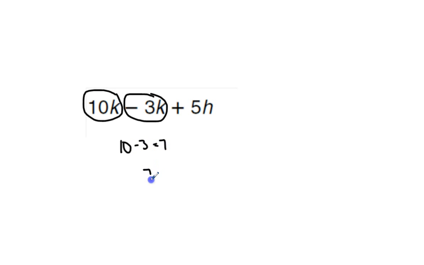So it becomes 7K plus 5H, and that would be combining like terms because the K and the H would be different values for those variables. And again, if you think about it as hands-on equations, you would have 10 pawns, take away 3 pawns because those would be the same thing. The H would have to be represented by something different.